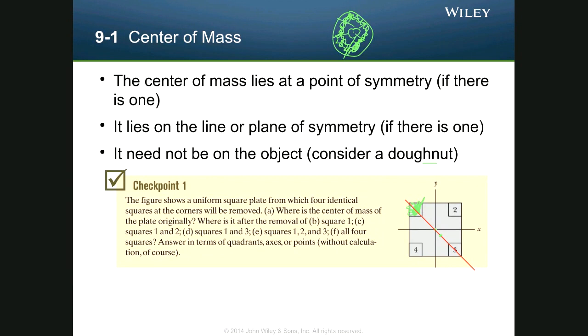Right. You can think of each one as hitting the reset button and starting again, and it'll tell you which squares to remove. So C says remove squares 1 and 2, so you cross this one out and 2 out, right?